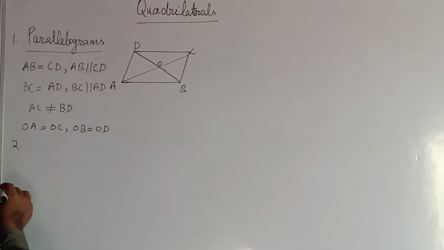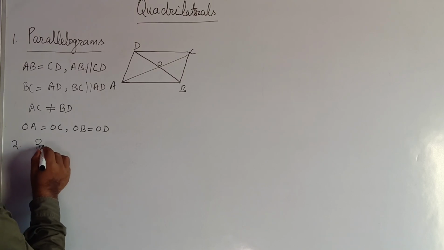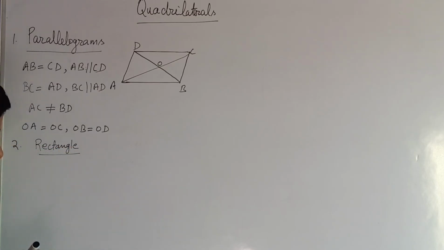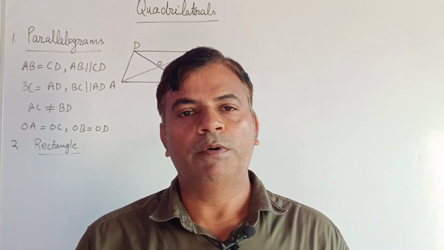Now we move forward. The next type of quadrilateral is the rectangle. A rectangle is a kind of parallelogram.